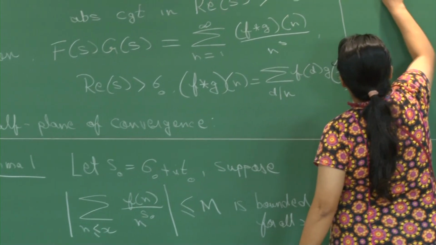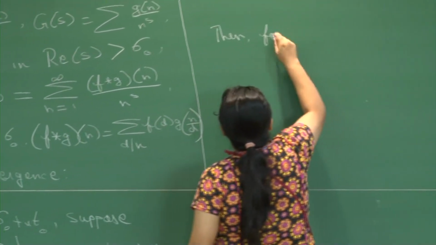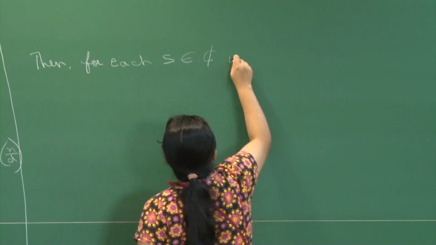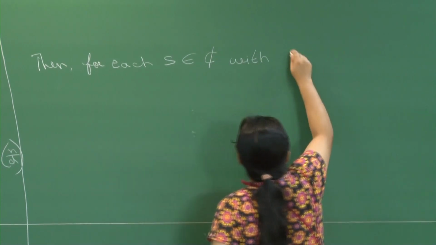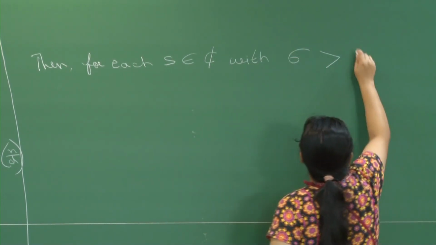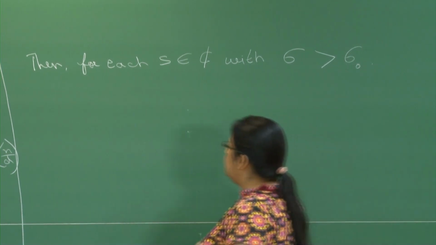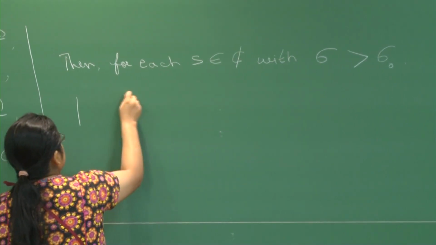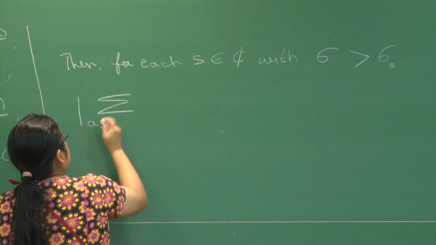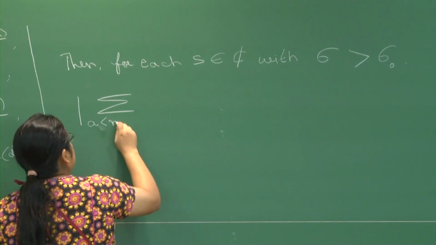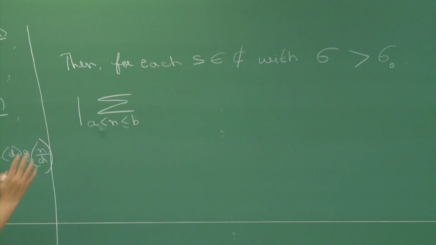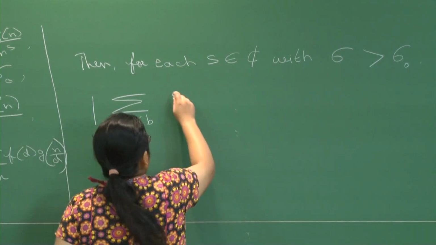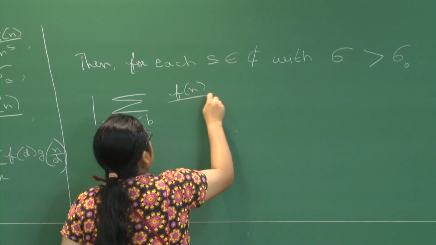Then, for each S with real part sigma greater than sigma 0, the Dirichlet series, a certain partial sum. So, if you take n lying in any interval of the positive reals, you go over all the n's and you consider f of n over n to the s.